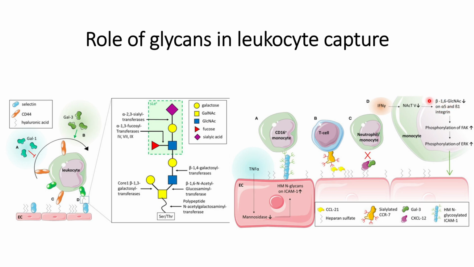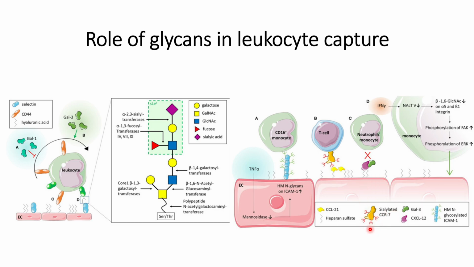More specifically, the beta 1,6 GlcNAc will decrease on the alpha 5 beta 1 integrin, and this will cause high upregulation of FAK and leads to high upregulation of ERK kinase, and that will enhance monocyte adhesion to the endothelial cells. So in this case, interferon gamma enhances monocyte adhesion.